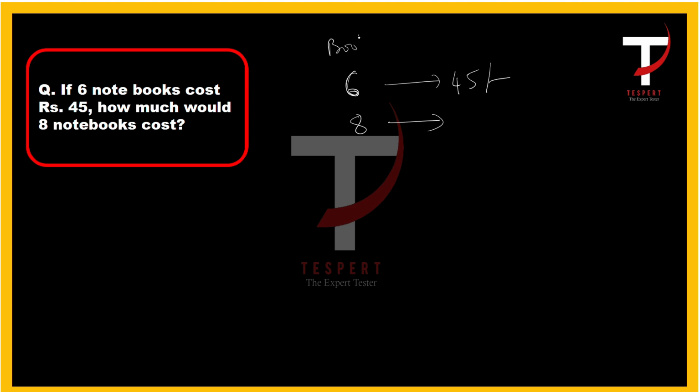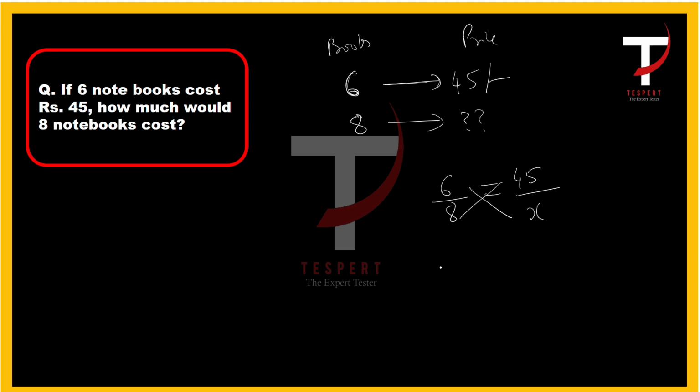These are books, this is price. For 6 notebooks it is 45 rupees, for 8 notebooks? So how to arrive at the relationship? 6 by 8 is equal to 45 by question mark. Let's take this question mark as x.